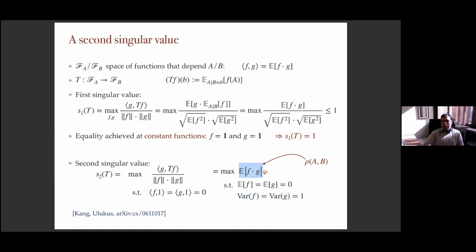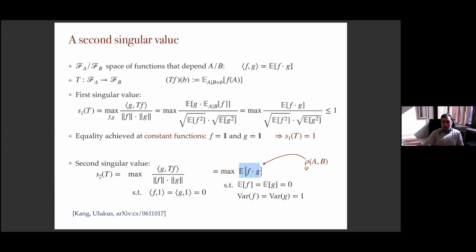And here the objective function would be just the inner product of G and T of F, which is nothing but the expectation of F times G, as in the previous slide. And if I remember, that's the definition of the maximum correlation.